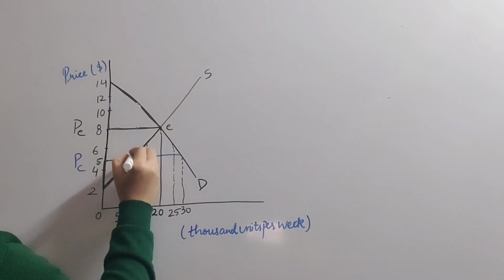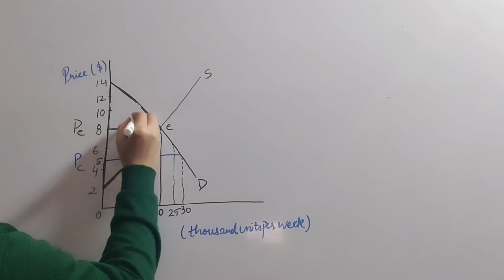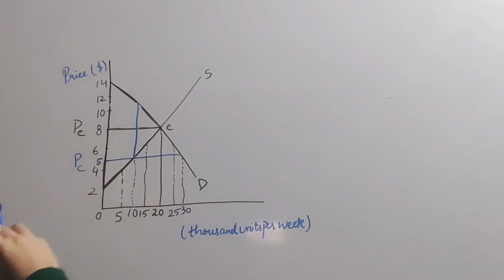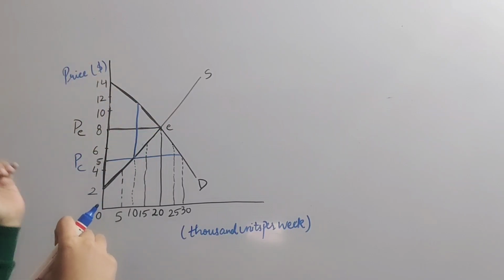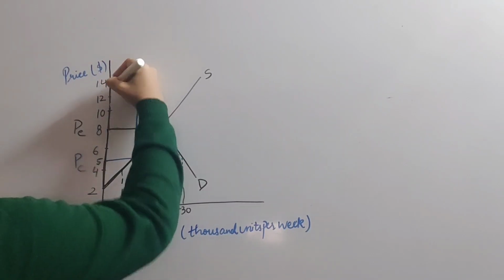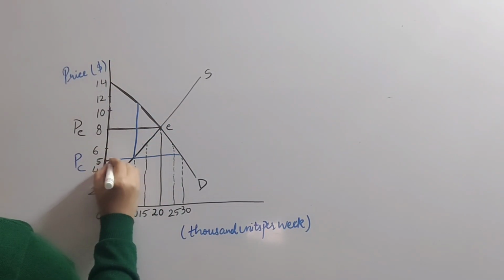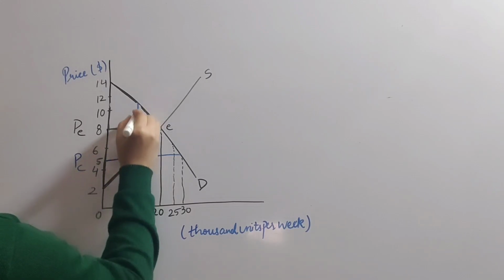As a result of price ceiling, the consumer surplus will no longer be represented by this triangle. Instead, it will be represented by this trapezium.